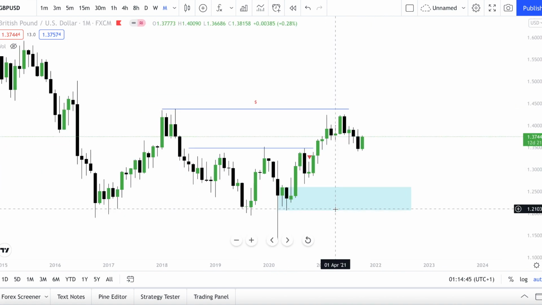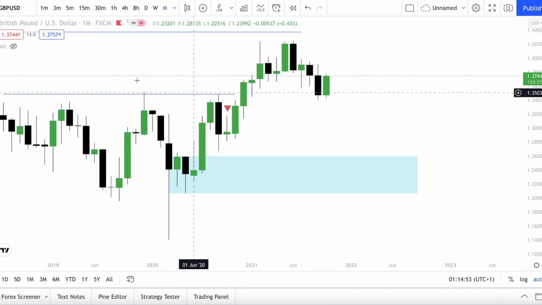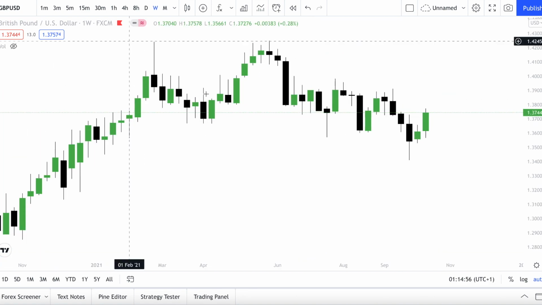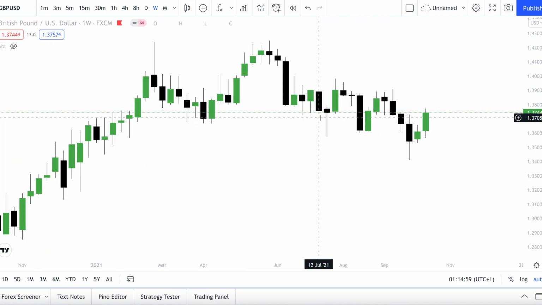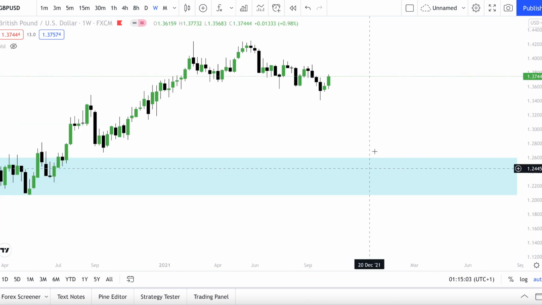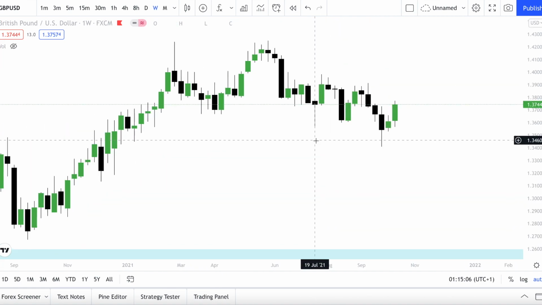Cool. So that's it for monthly. Now we're gonna look at weekly. So we're just gonna look at this area, since we know if price comes here, we're gonna look for buyers. All right. Cool. So we know that.